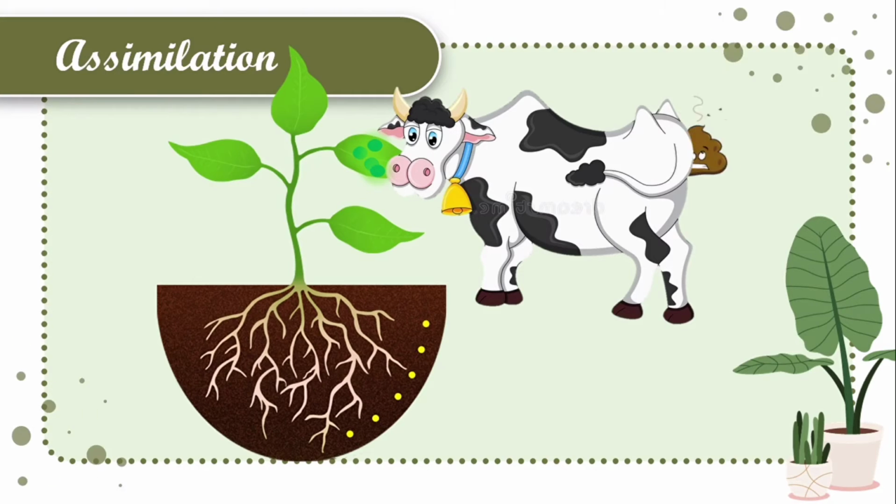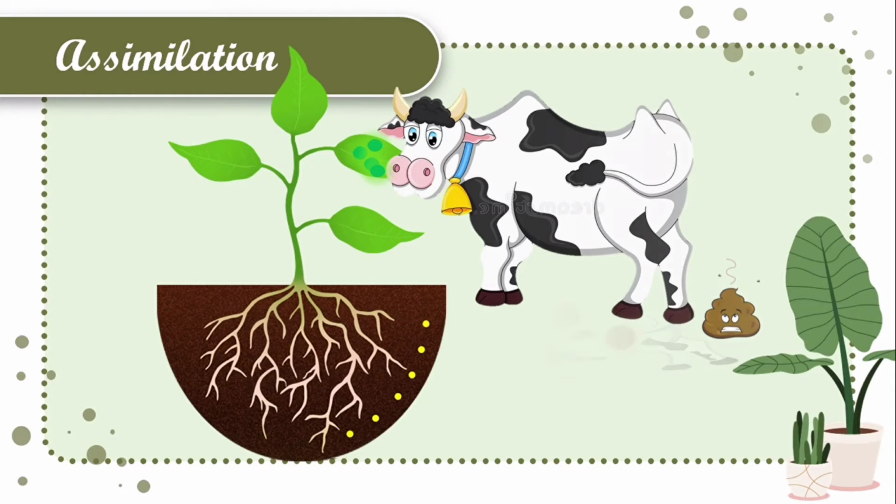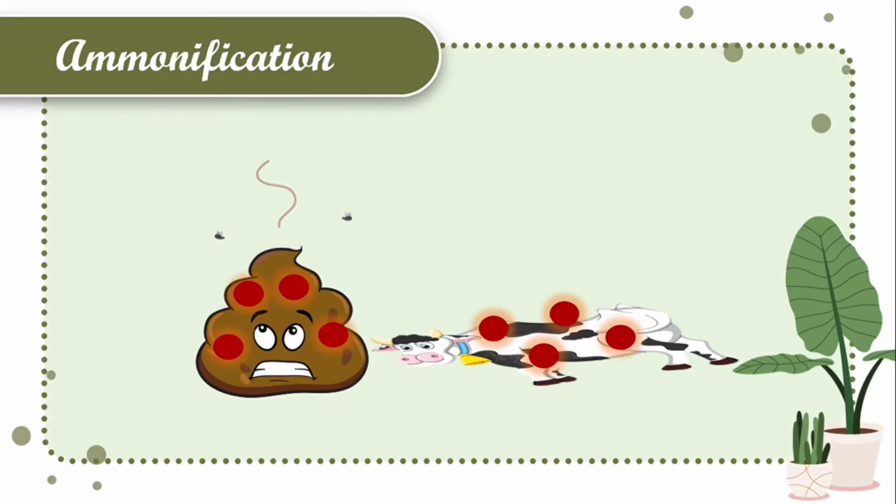And ammonification happens when the cow excretes or dies. The decomposer will convert the nitrogen from the dead body of the cow and its waste back to ammonia.